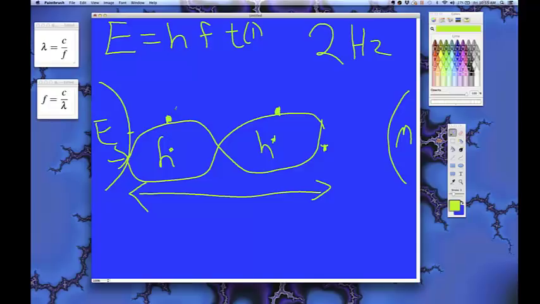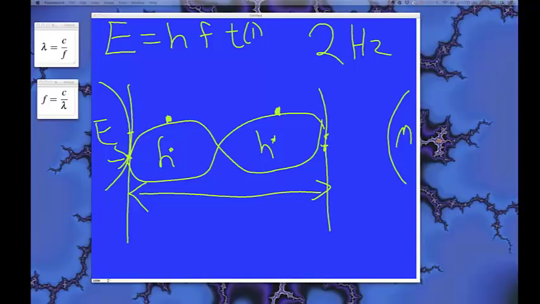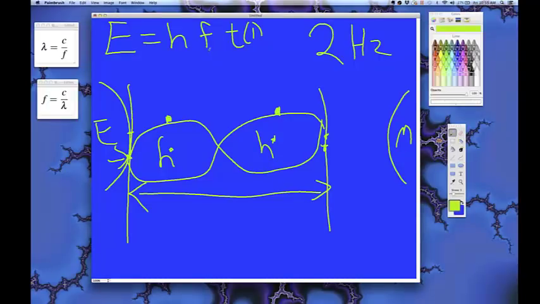And here I've got two photons in approximately 1 second. So I plug 2 into this equation, 2 times h, and I get the energy of a photon.